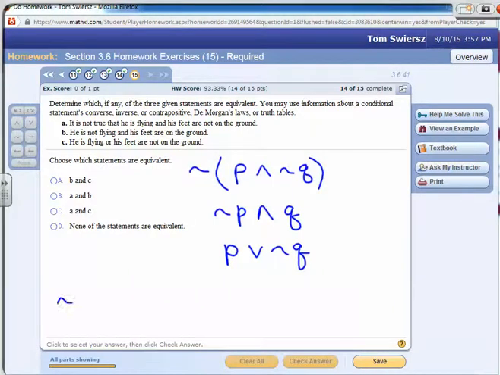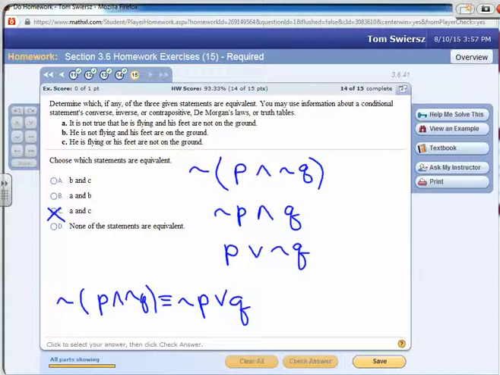So A is the negation of P and not Q. Applying De Morgan's laws, the negation of P, the and becomes an or, and the negation of not Q would just be Q. So it would be not P or Q. Now, statement C is P or not Q, so we definitely know that A and C are not logically equivalent because they're ors, but the negations are switched.